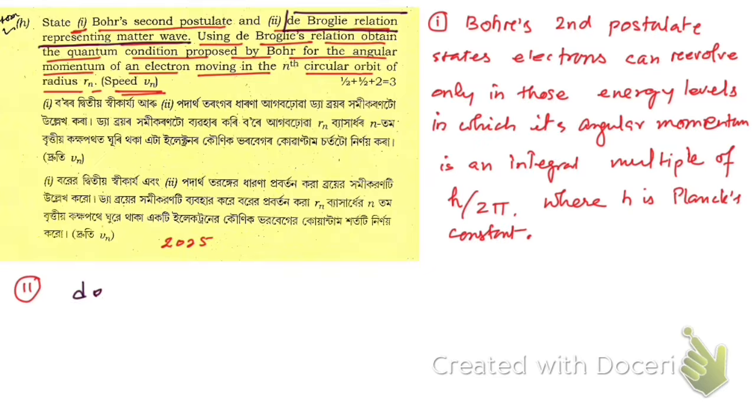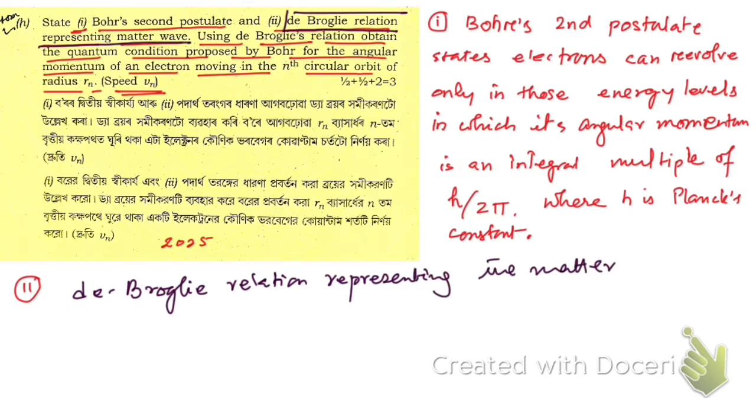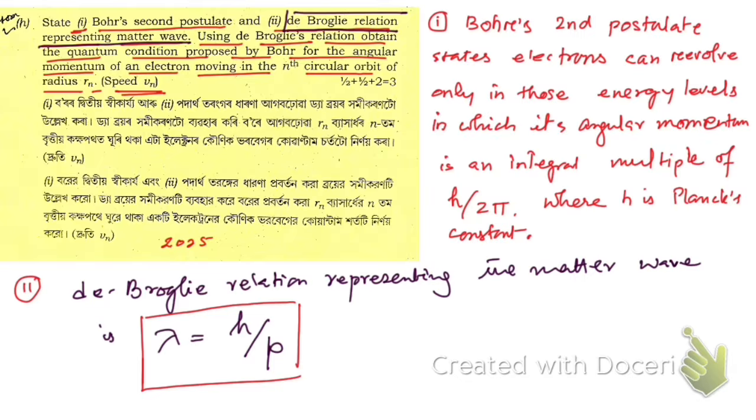The de Broglie relation representing the matter wave is given by lambda is equal to h by p, where p is the momentum of the particle.